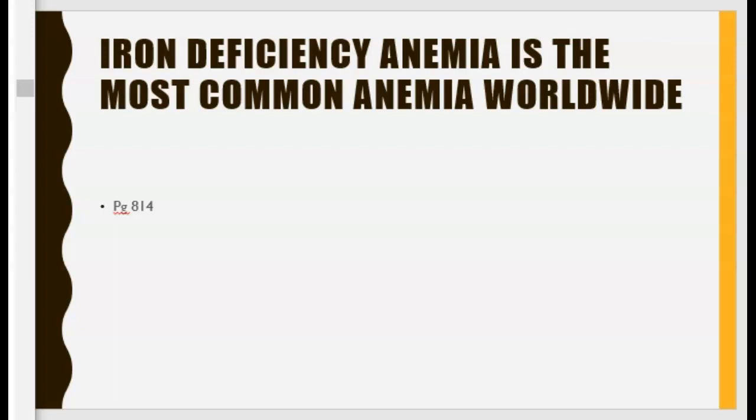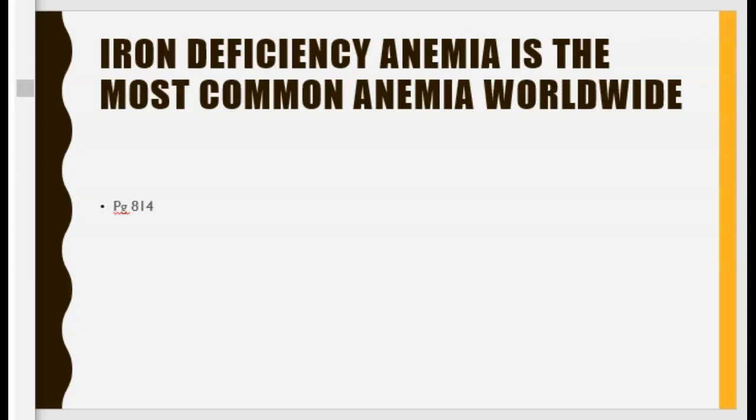Let's talk a little bit about iron deficiency anemia. It is the most common anemia worldwide, especially among women. Pay attention: older adults and people with poor diets. It can result from blood loss, like I said before, poor GI absorption of iron, and an inadequate diet.